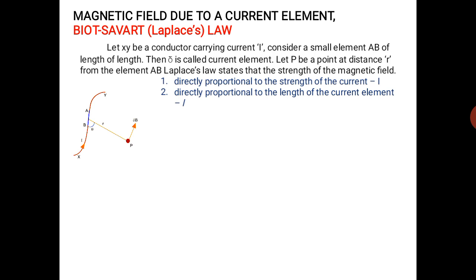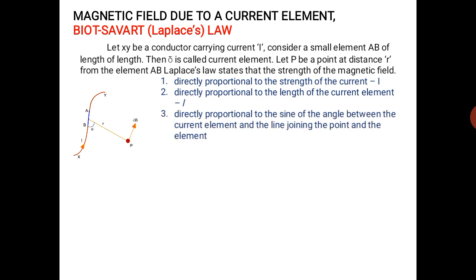Next, this dB is directly proportional to the length of the current element. Here the length of the current element is taken as dl, or you can take delta L. So the field is directly proportional to the length of the current element.